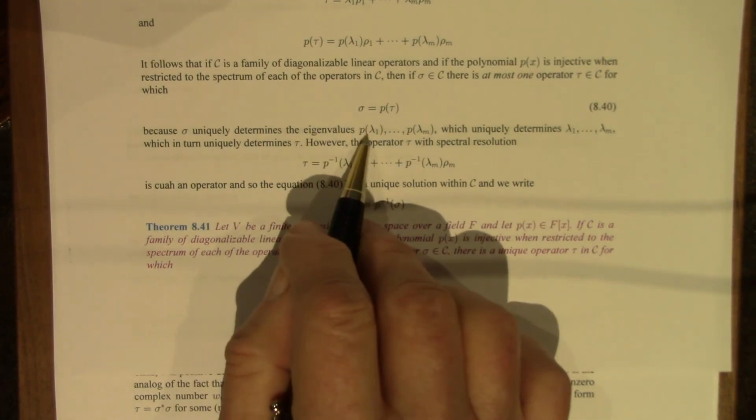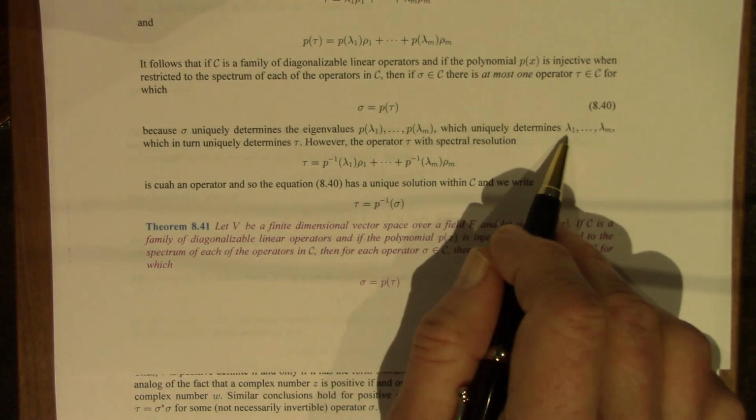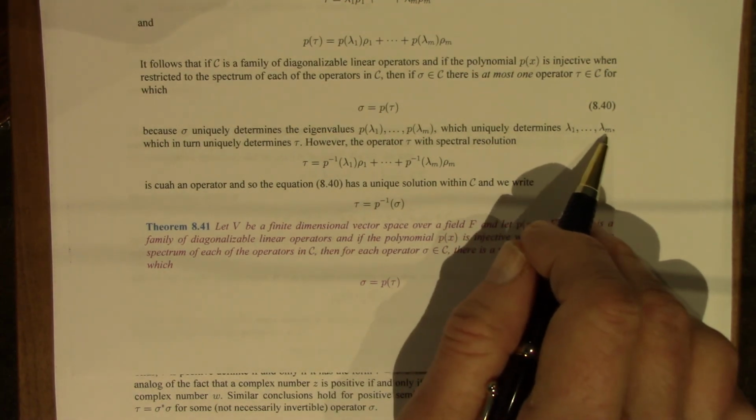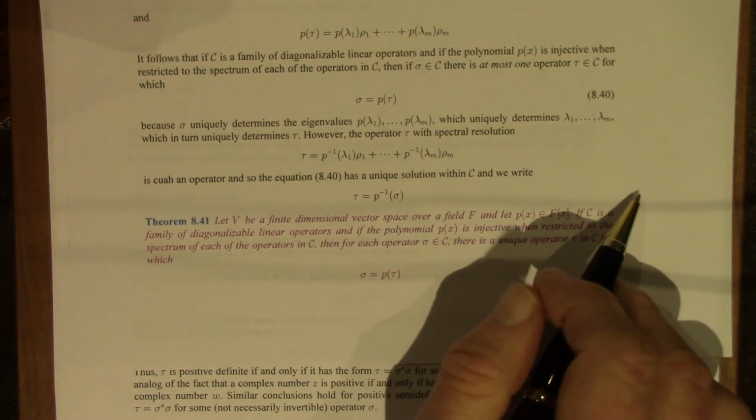So sigma determines this list of numbers, which uniquely determines the eigenvalues of tau, which in turn uniquely determines tau, because they're diagonalizable.